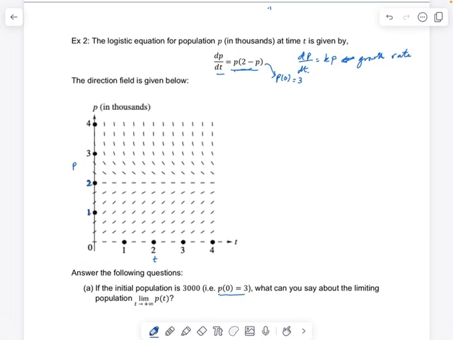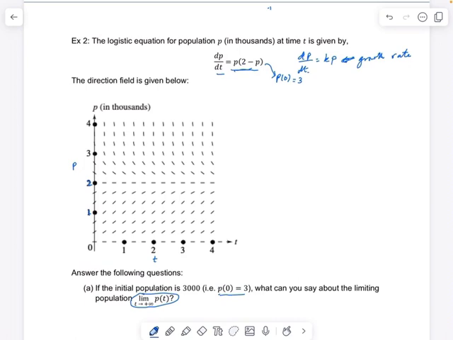The limiting population is the population at time t as t goes to plus infinity. After a very long time has passed, what will be the population in the community?